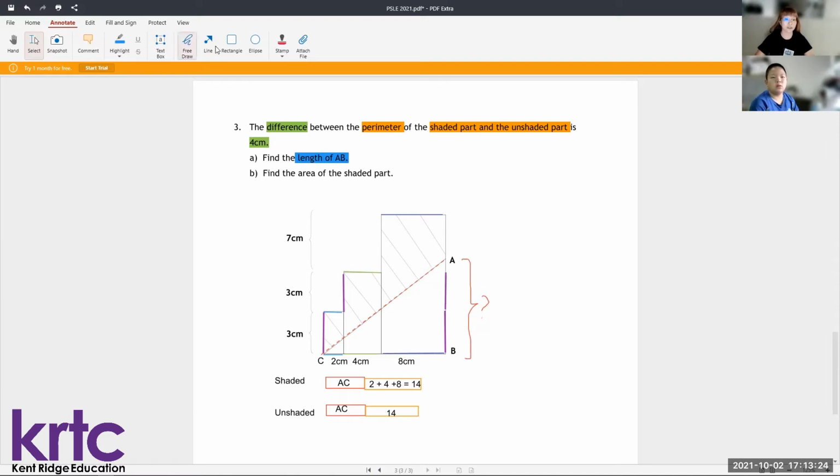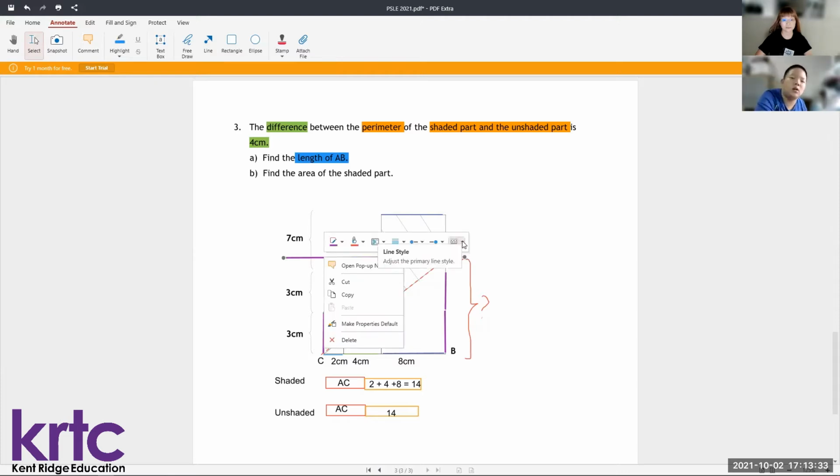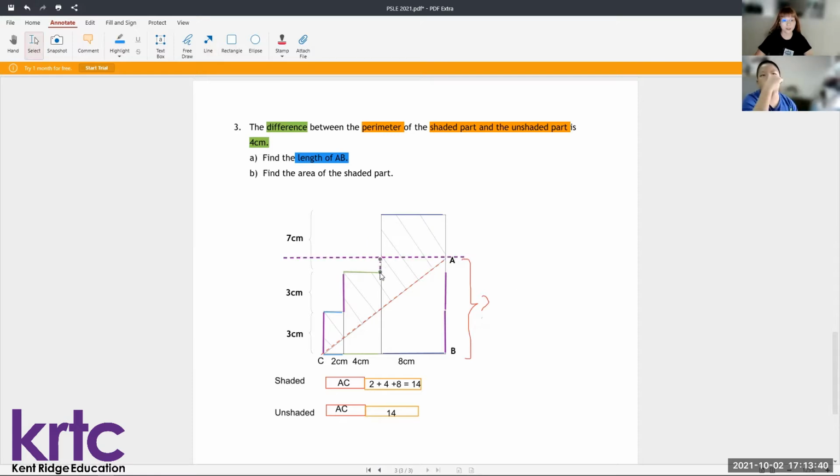Now there's a little more here whereby you have to draw across this. This little part here will be the unknown part, as well as this one also.